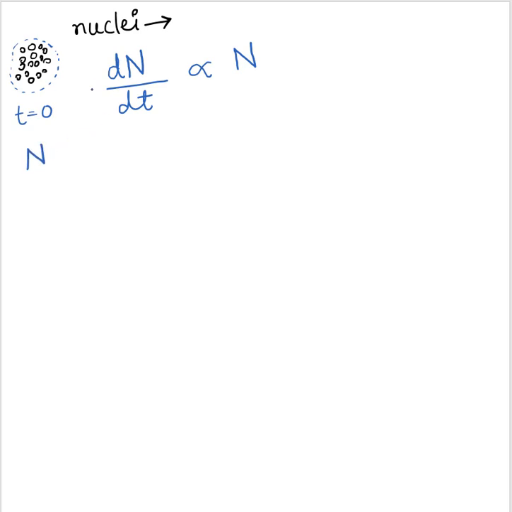So the rate of decay, and we can conveniently put a minus sign here because we are calculating decay. Something is getting reduced; its size, its mass, its quantity is going down.